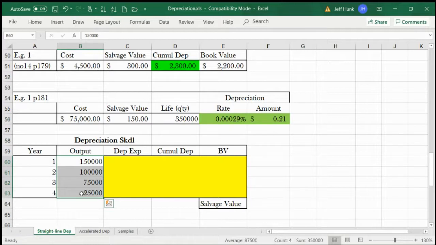Remember, when an asset is new, any machine, any equipment, when new, it is at its highest productivity. It is at its maximum productivity, right? Remember the air conditioner example I used?